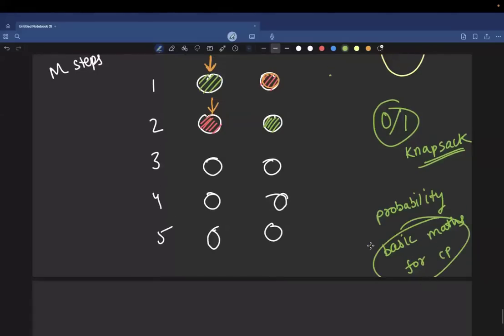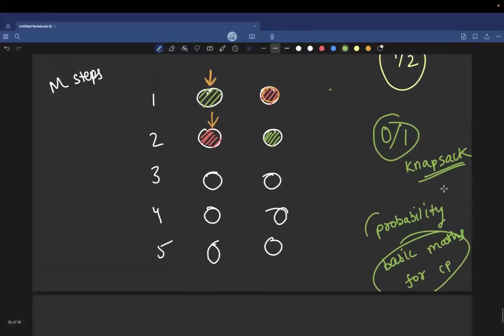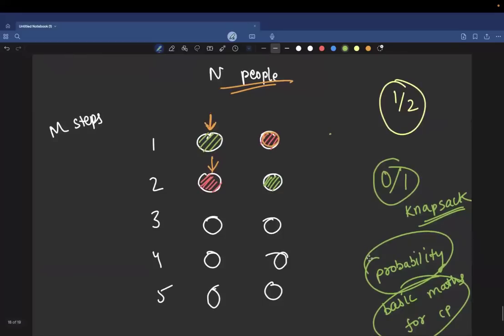For this basic maths of CP, I would recommend you to watch Utkarsh Gupta's video. That one video can make a huge impact for your future contests. For probability, you can maybe go to Eric To's channel. He has made a video on probability. And for zero one knapsack, you can go to Striver's channel. He has created a video for this.